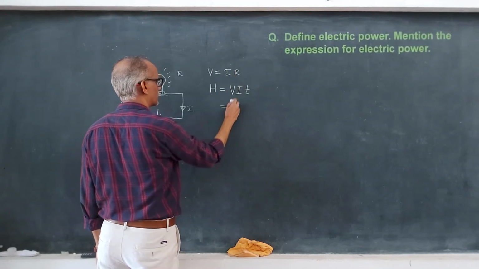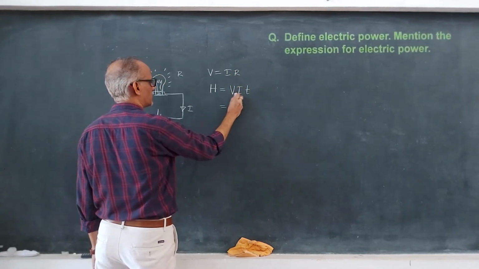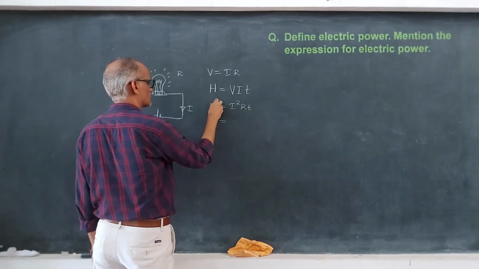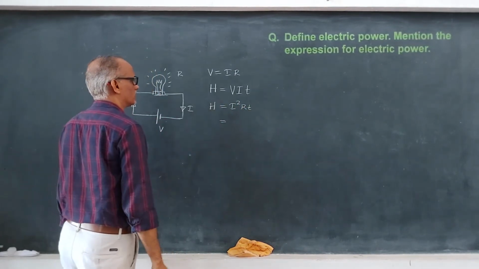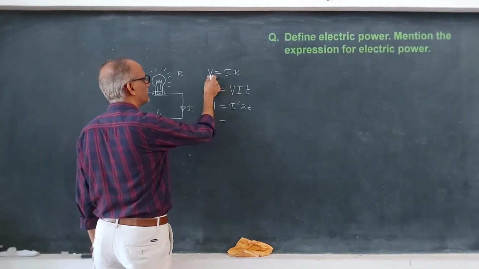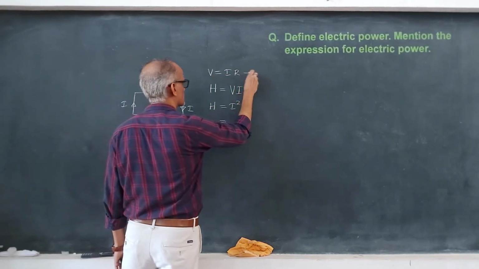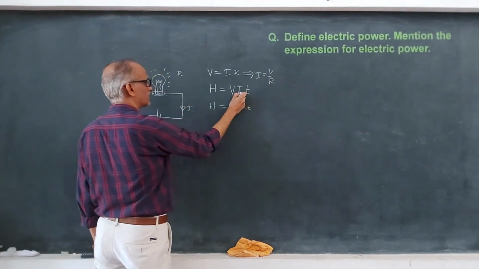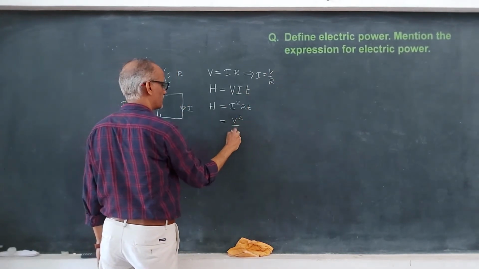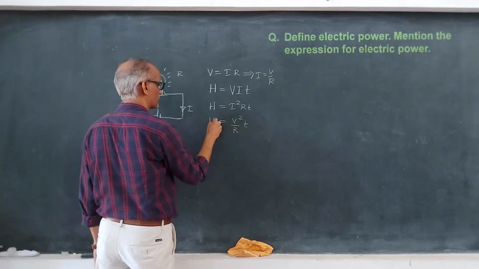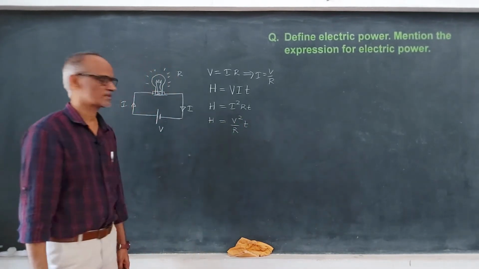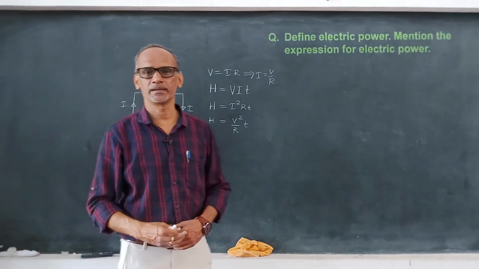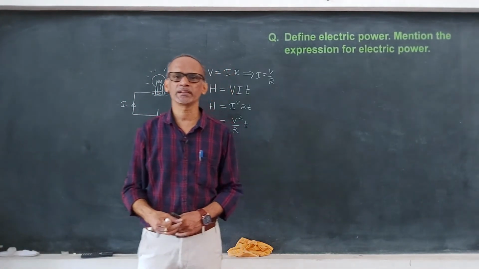That is why we get H is equal to I into IR into t, that is I squared R t. This is another formula. We can even replace I with V by R, so we get V squared by R into t. These are three different forms of the amount of heat generated in a conductor. This is called the heating effect of electric current.